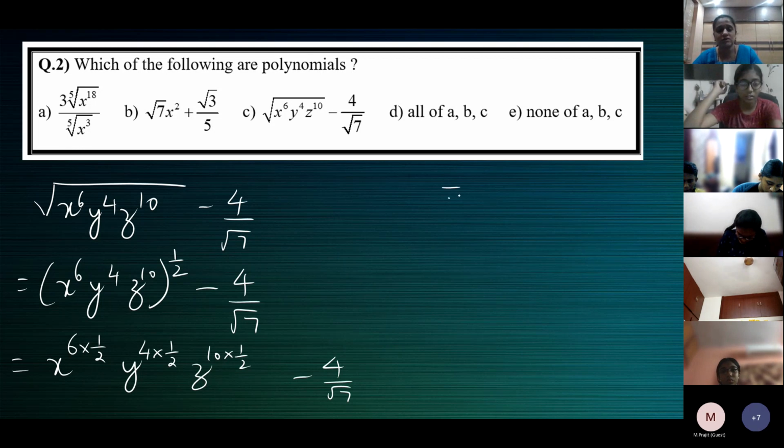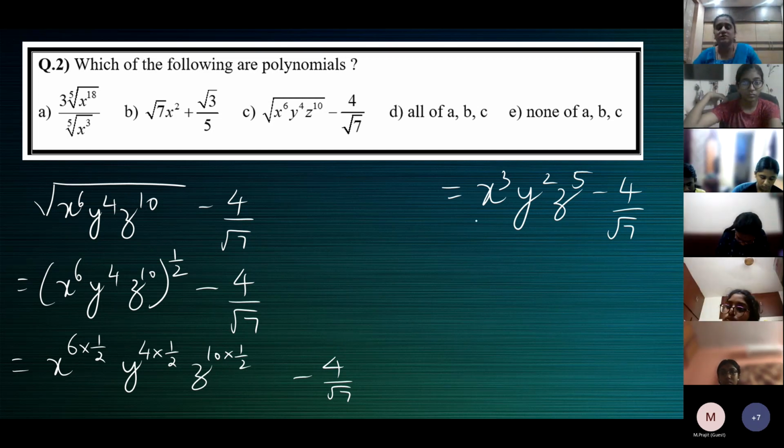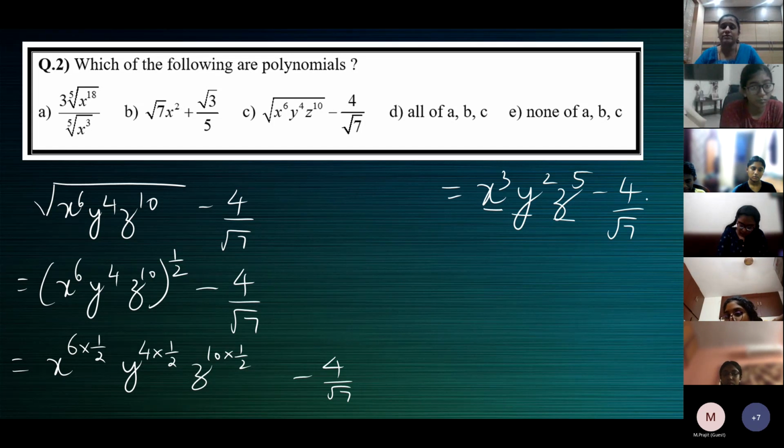When you cancel out 2 and 6, you get x to the power 3. Then 2 and 4, y square, z to the power 5, minus 4 by root 7. Now we have simplified. We need to look at the variables x, y, and z. Their powers 3, 2, 5 are all whole numbers. So the expression in C is a polynomial.